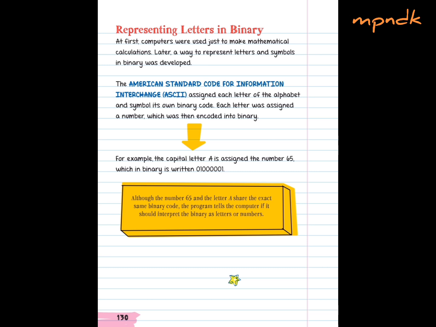For example, the capital letter A is assigned the number 65, which in binary is written 01000001. Although the number 65 and the letter A share the exact same binary code, the program tells the computer if it should interpret the binary as letters or numbers.